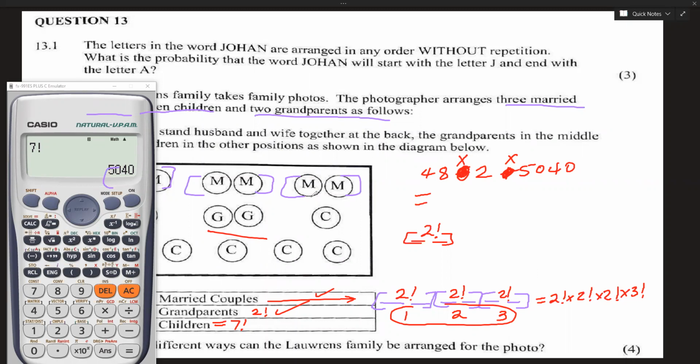Now when we multiply this, we're going to have 48 times 2 times 5040, which gives me 483840. So those are the possible arrangements that we are going to have.